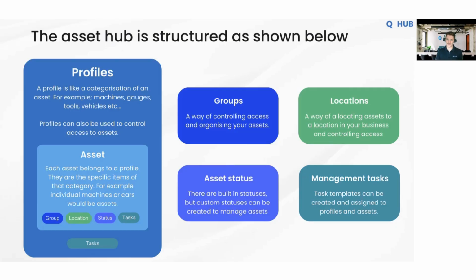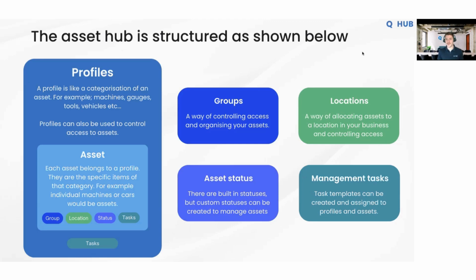So there are different types of statuses, and this is really just to help make things look similar to the way that you internally refer to the status of your assets, so that when you're looking at all of your different assets, the status is in terminology that's familiar to you.